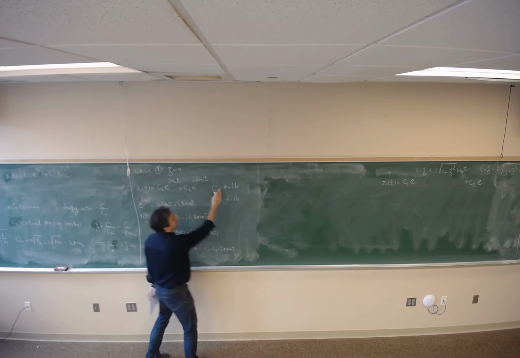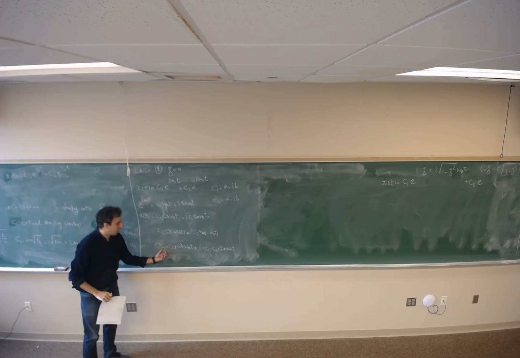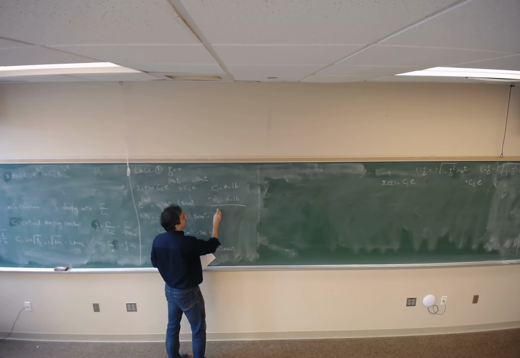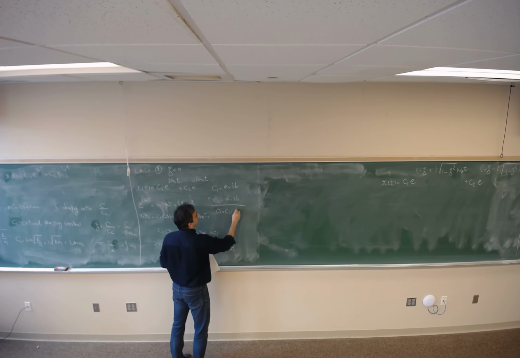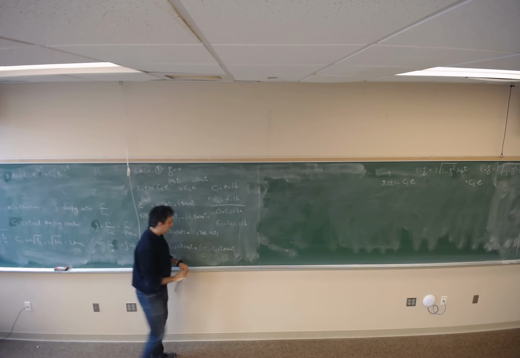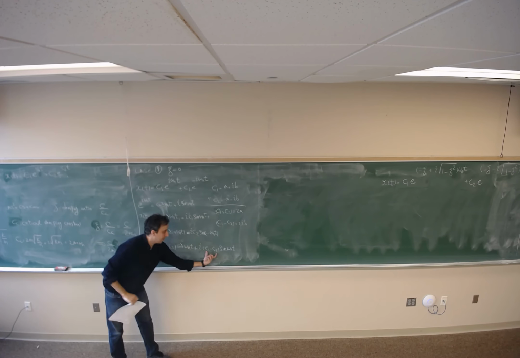The reason I'm assuming them is that if I add C1 and C2, I get 2A, the IB is going to be cancelled out. C1 plus C2 would be 2A. For C1 minus C2, the A is going to be cancelled out, and I'm getting 2IB.